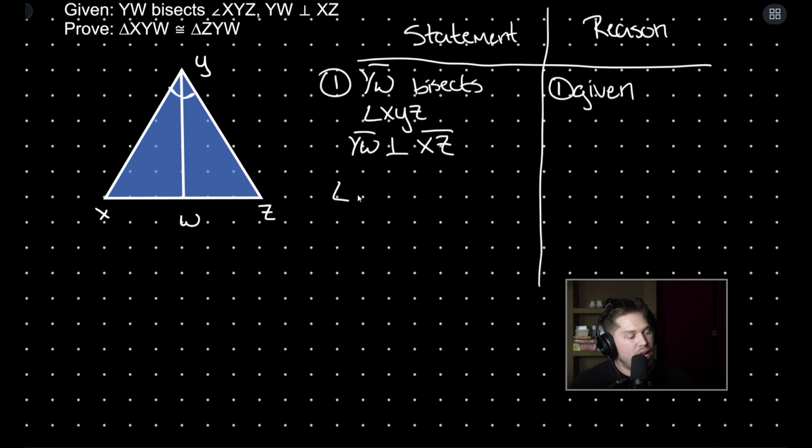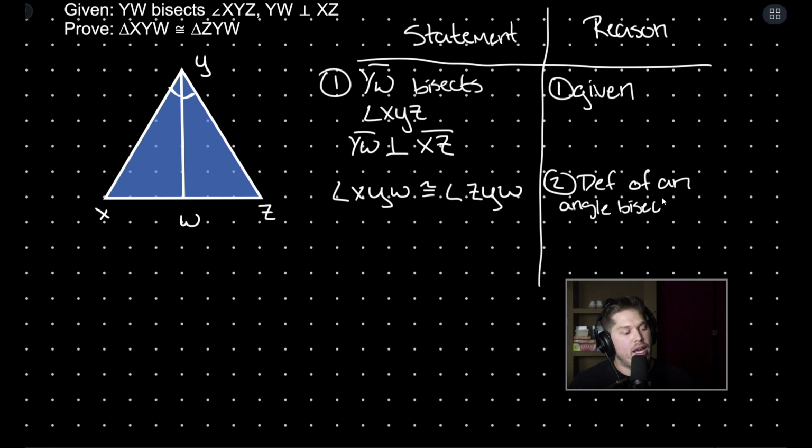So we would say angle XYW is congruent to angle ZYW, and our reason would be the definition of an angle bisector. And again, we came to this just because it was a repercussion of our given. Our given told us that we had a bisector. What does that mean? Well, that's going to be our second statement.